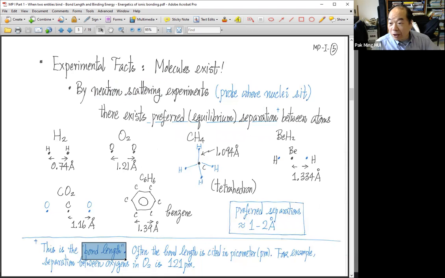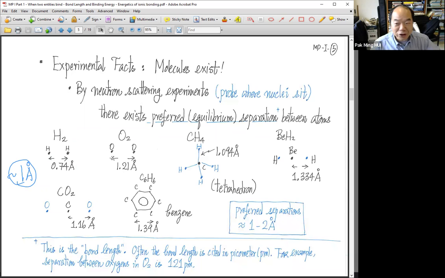So here I would like to give you some ballpark numbers so that you will not make a fool out of yourself. Here, H2, the equilibrium separation or preferred separation or bonding, whatever you call it, depending on your subject, is 0.74 angstrom. So again, the ballpark range is 1 angstrom. Then O2, 1.2 angstrom.